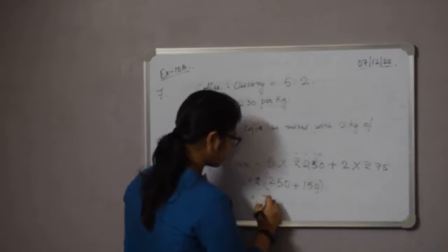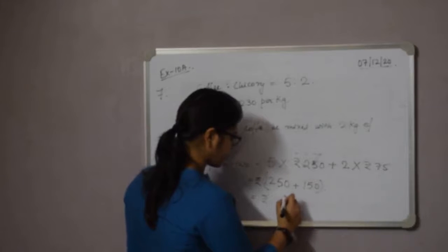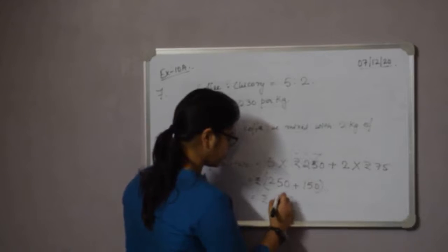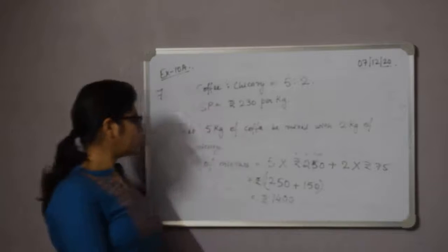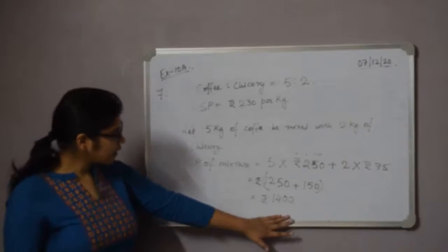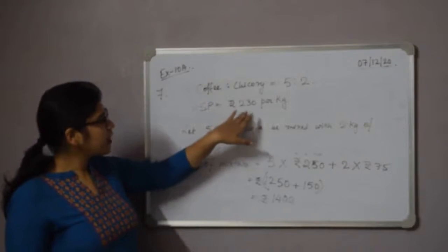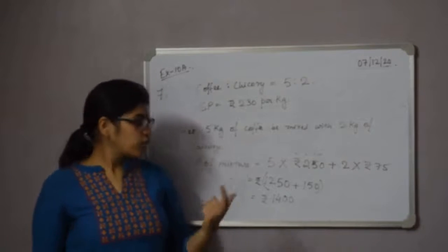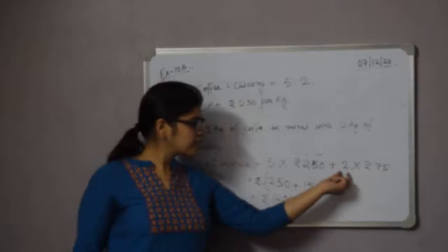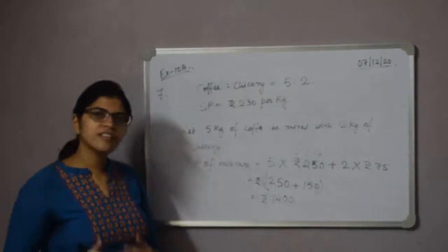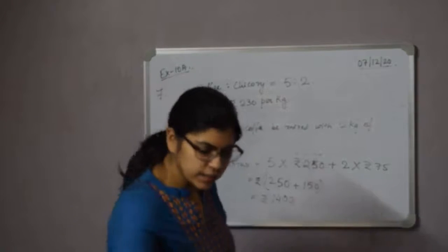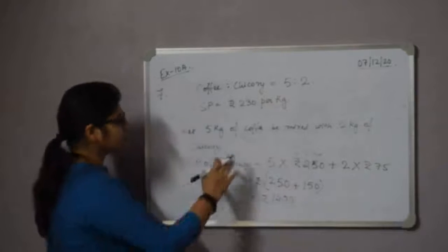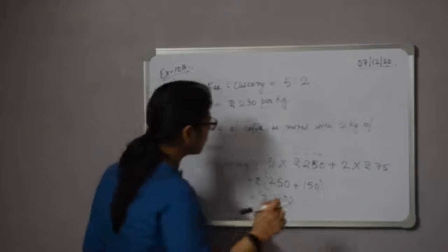So that sums up to be 1400. So this is our total cost price, right? Now we have got that selling price of the mixture is how much? 230 per kg. So if this is 5 kg and this is 2 kg, then what is the total mixture? Total mixture we have 7 kg, right?